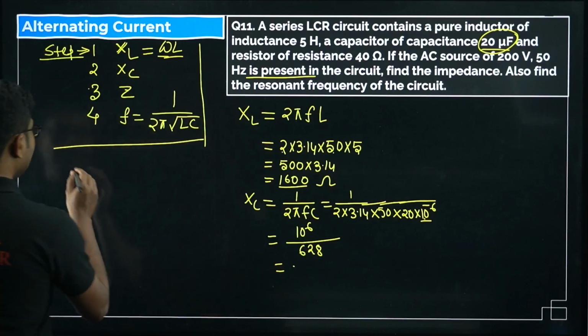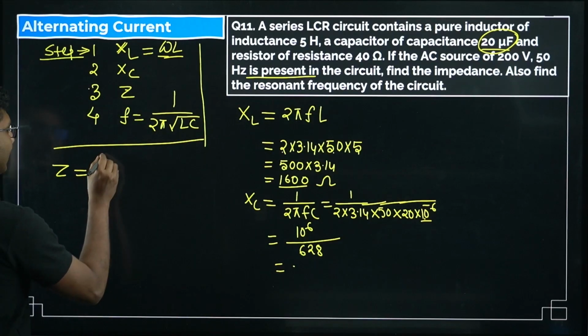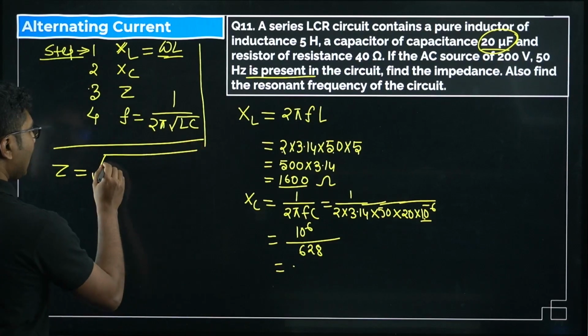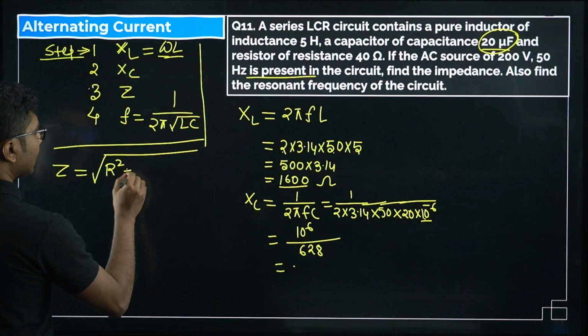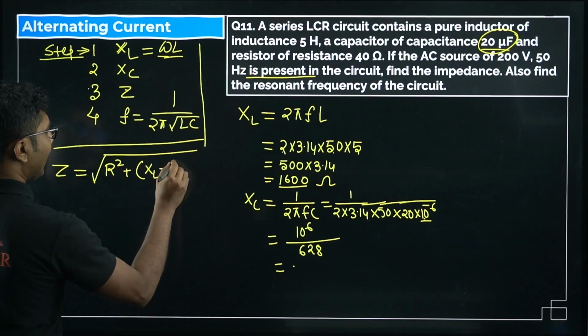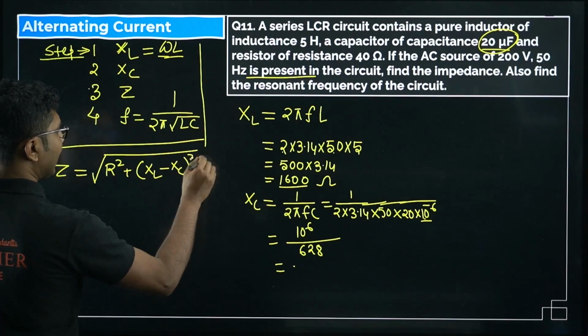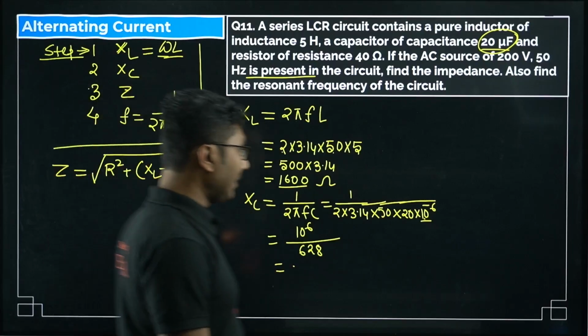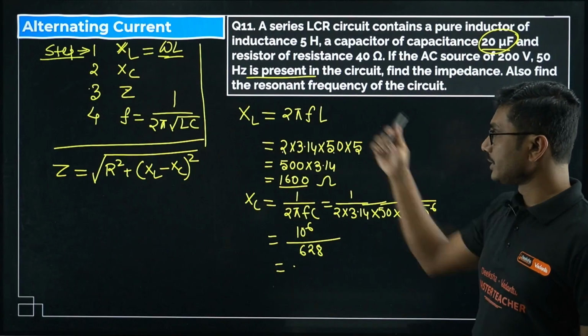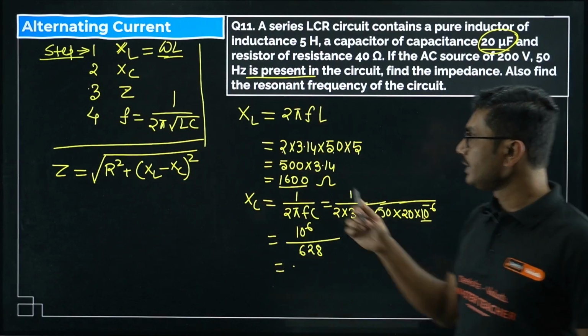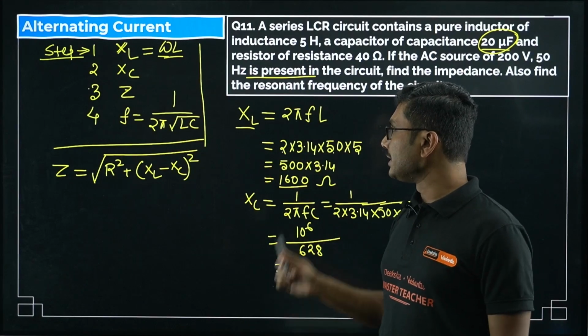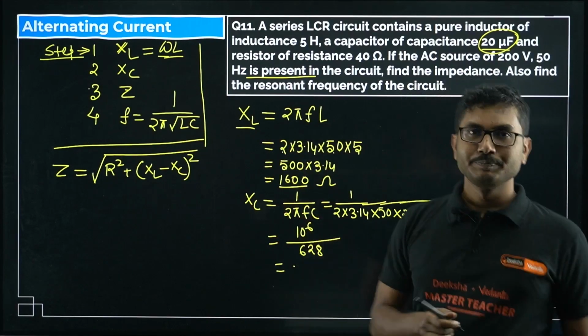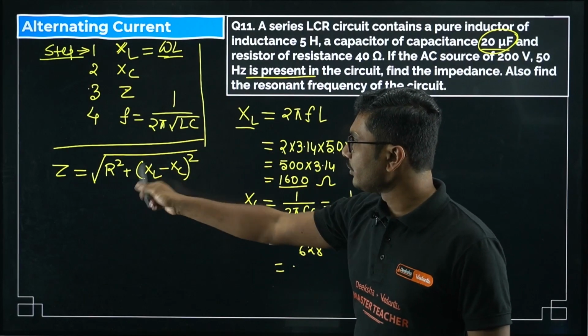Now the impedance is very simple, it is given by the square root of R square plus XL minus XC whole square. That is the general formula. If after solving XL and XC you see that the XL value is less than that of XC, then you just need to switch.